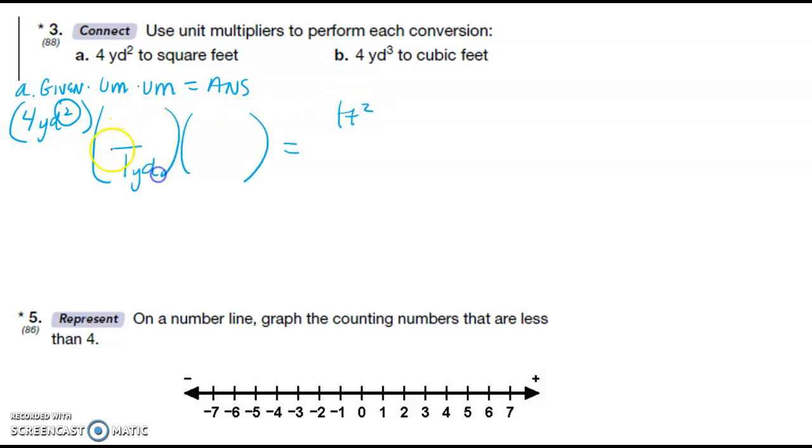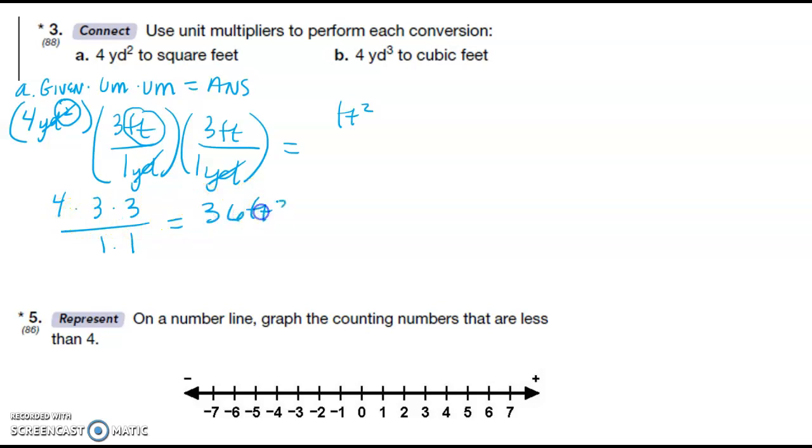So 1 yard is 3 feet, because we put what we want in the top. 1 yard is 3 feet. There's 2 of the yards, and there's 2 yards there, so we have 4 times 3 times 3 over 1 times 1, which is 36 feet squared.